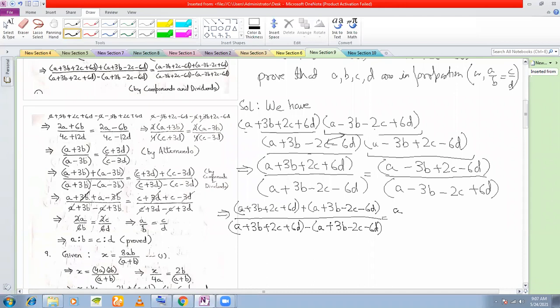Similarly on the right, numerator plus denominator by numerator minus denominator.